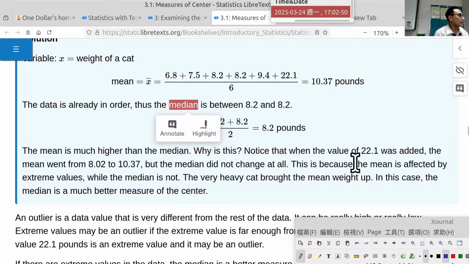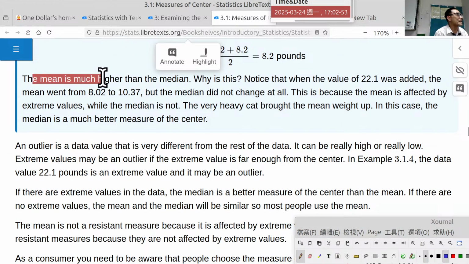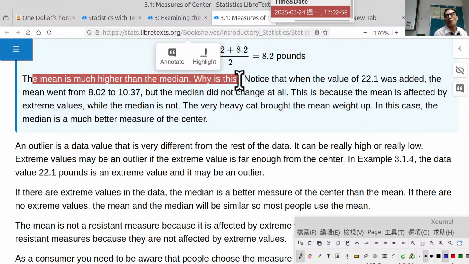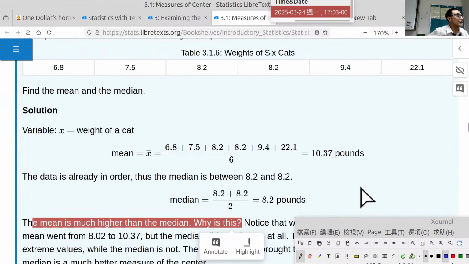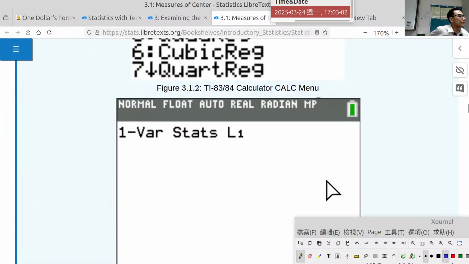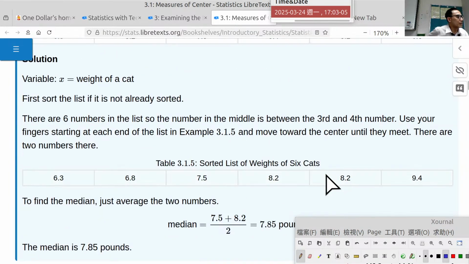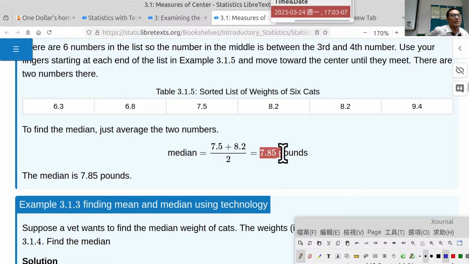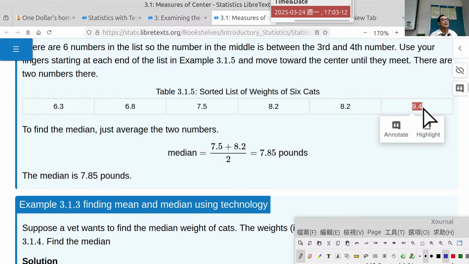And next, this mean is much larger than the median. Why? Well, because previously the median was 7.85. The largest value, 9.4, has been replaced by 22.1, a very big value.